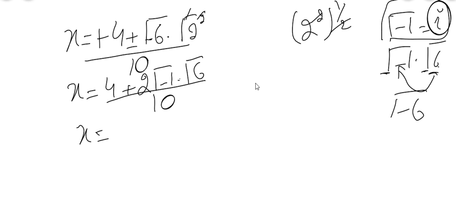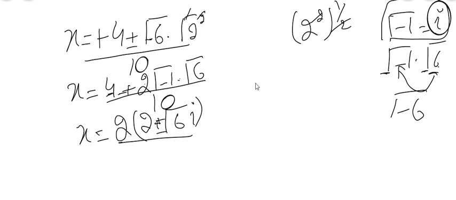So you can see that this is a 2 and this is a 4, and I need to take 2 common over here. If I take 2 common, then in this place we will write 2, because 2 into 2 becomes 4, plus minus, and this 2 will be considered as 1 because we have already taken 2 in common. And under root 6, in case of under root minus 1, I will write iota by 10.